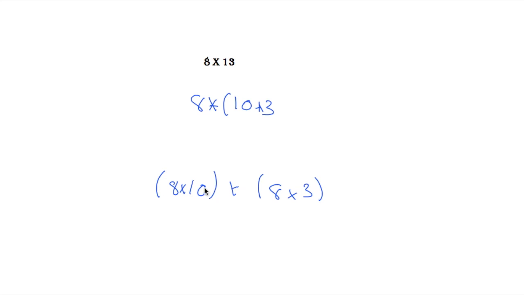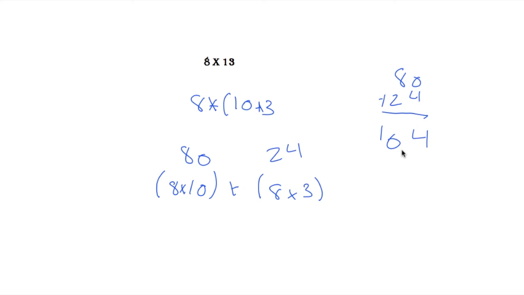You're going to get 8 times 10 equals 80. And then 8 times 3 equals 24. So then let's add them up together. 80 plus 24. So what you're going to do is 0 plus 4 equals 4. And then 8 plus 2 equals 10.